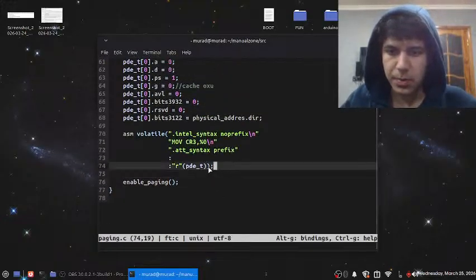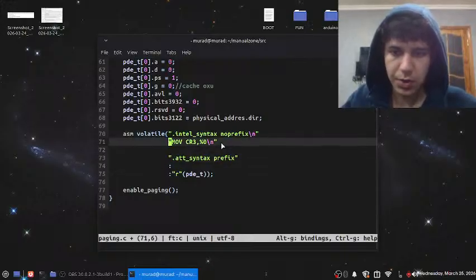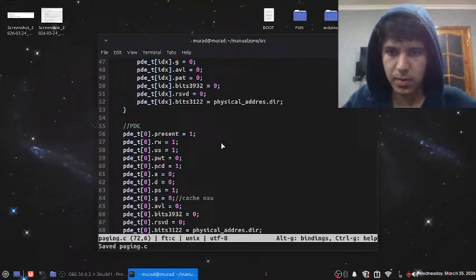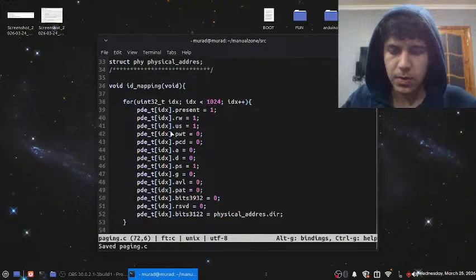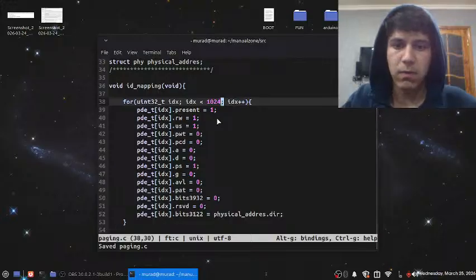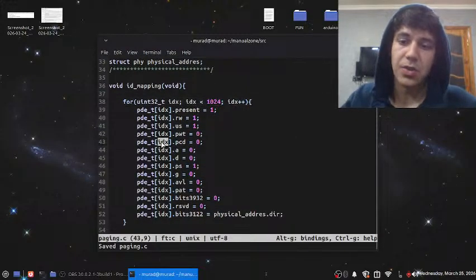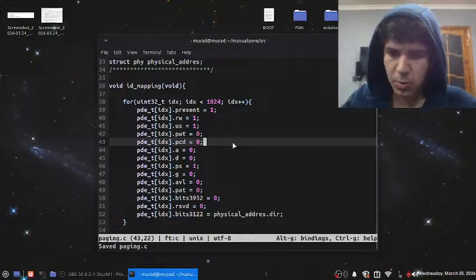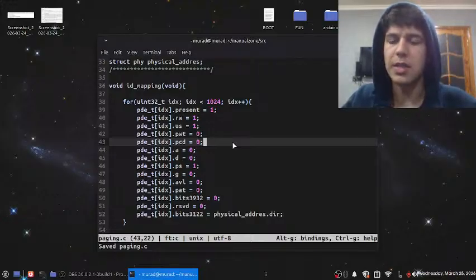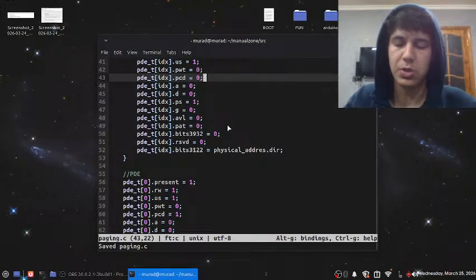Yeah. Here, control register 3. There are 1024 indexes here in a page table. I'm not going to teach you the x86 architecture, I'm just showing how this works.